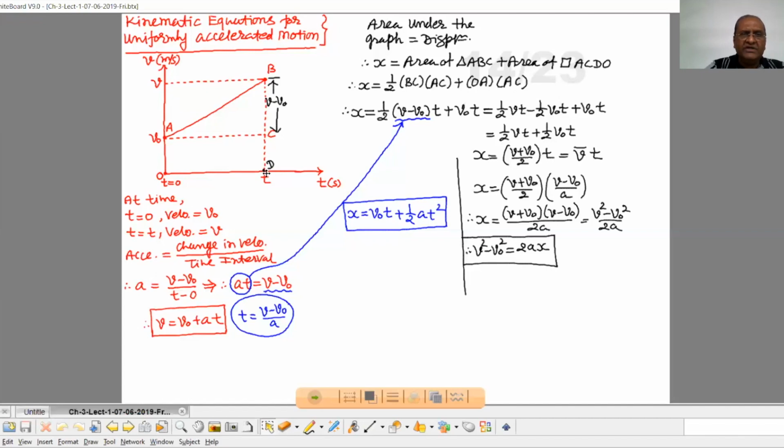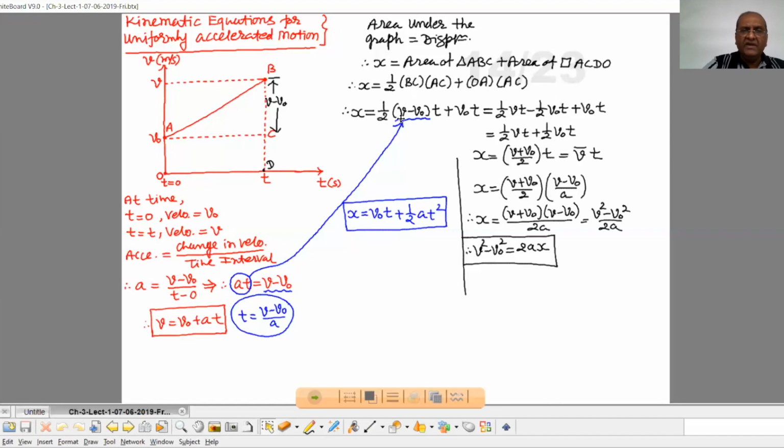And A to C, that is t. So we can write half, BC that is v minus v0, AC that is t. Then OA, that is v0, into AC, which is equal to OD, that is t. So we can write v0 t.